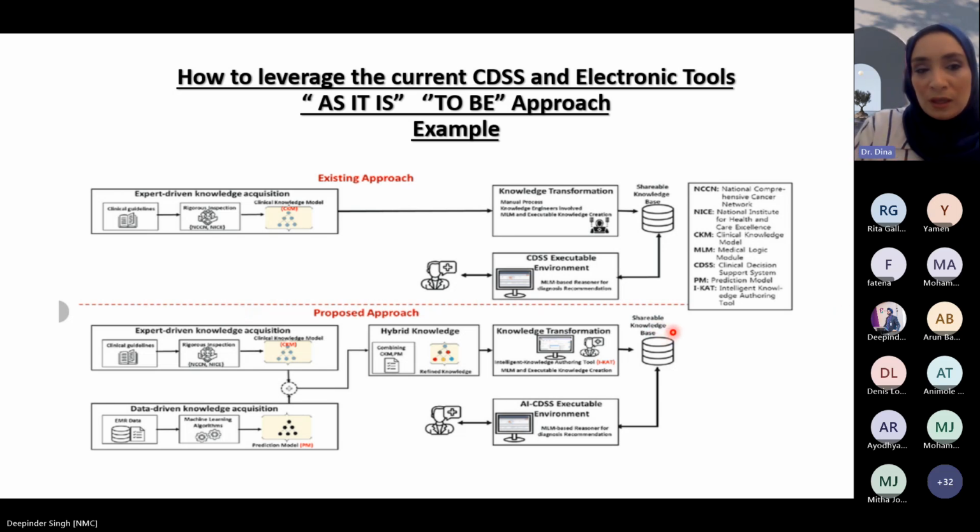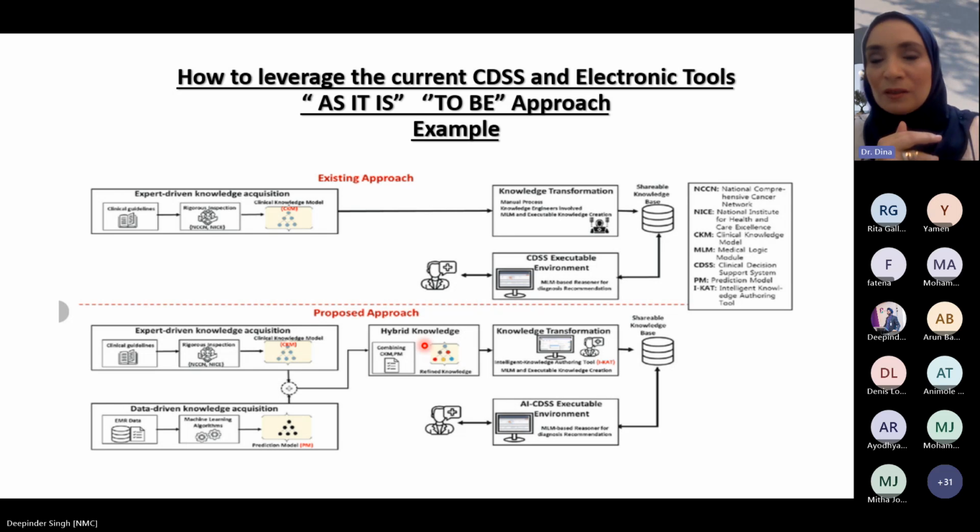What we propose is that you need to have data-driven knowledge acquisition. Then you have a hybrid in the middle, which is a solution that analyzes your previous data, such as the suicidal risk assessment for patients. It depends on their answers, and their answers are already there in the system: the family history, the social history, the medical history, whether they are diagnosed as depressed patients, whether they are on antidepressants and so on.